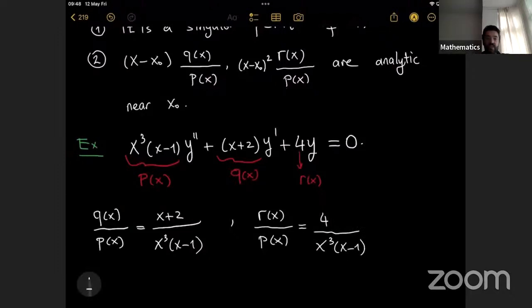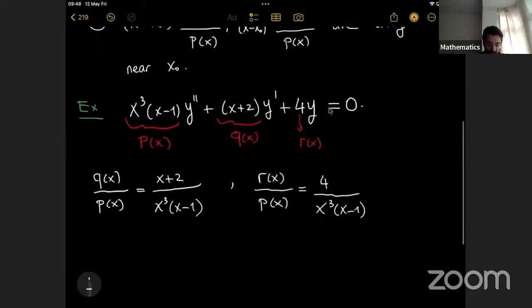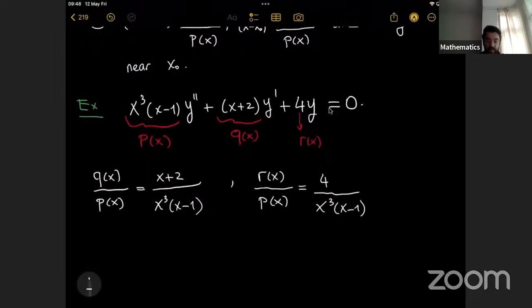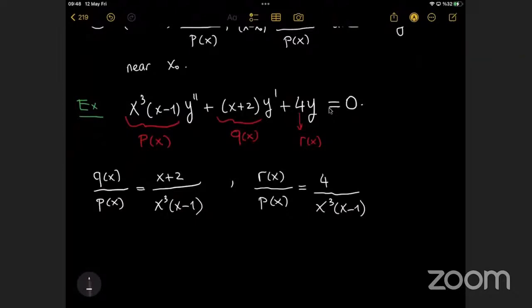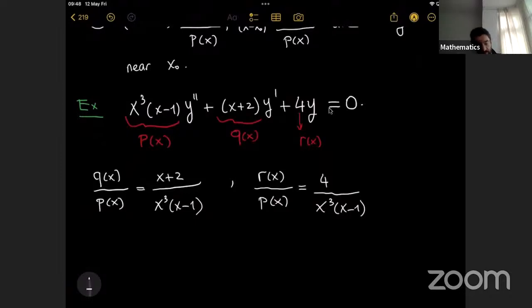So let us check the singular points here. What are the singular points? You tell me. 0 and 1. Right, 0 and 1 are singular points. Good.